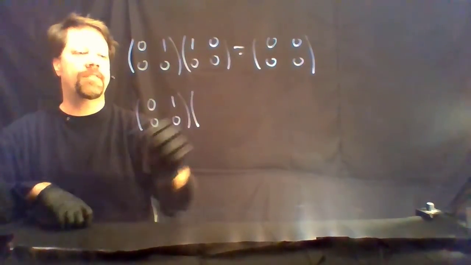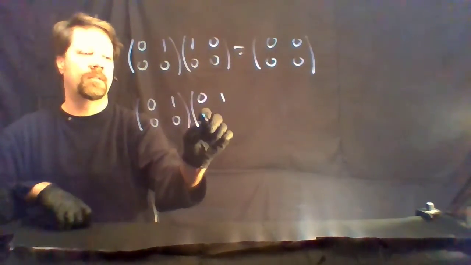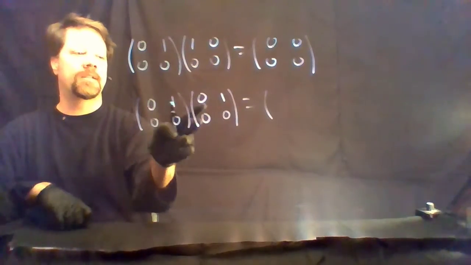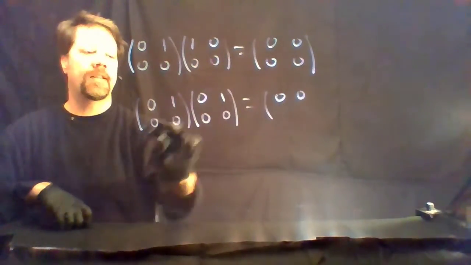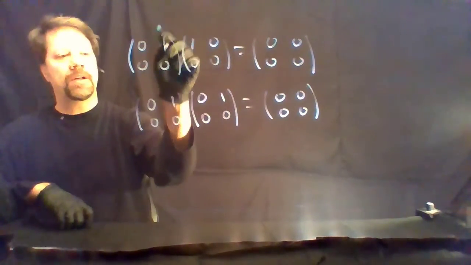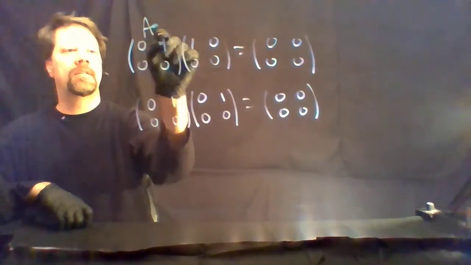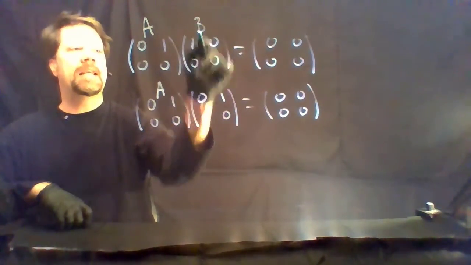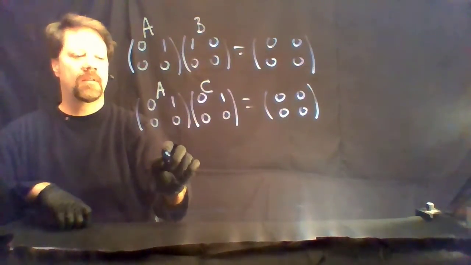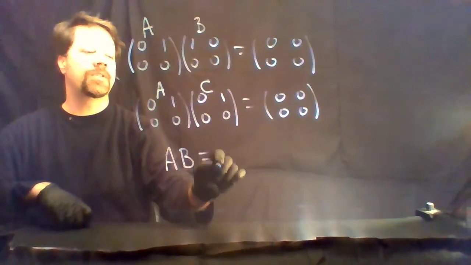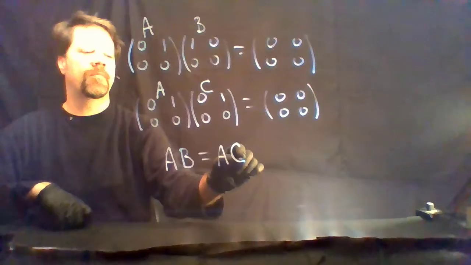And instead of this, we'll write 0, 1, 0, 0. What product is this? 0, 0, and then, of course, 0 and 0 in the second row. If we call this matrix A, and this is B and this is C, we have AB equals AC.